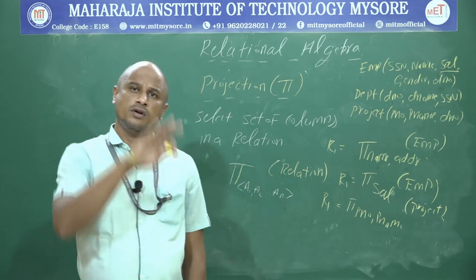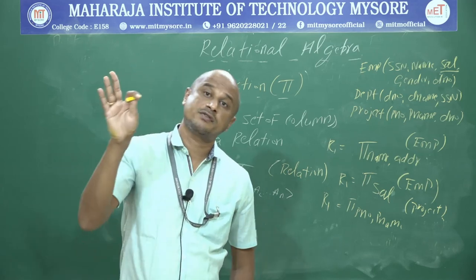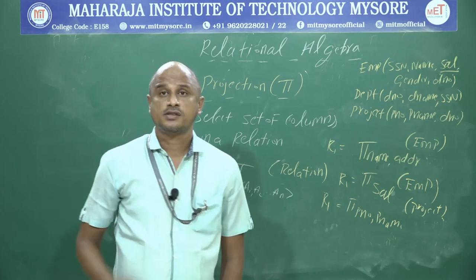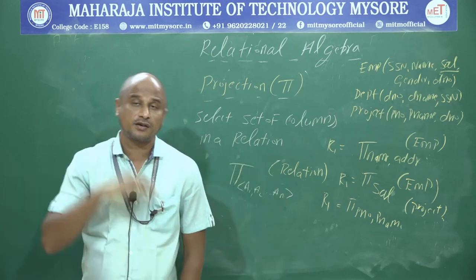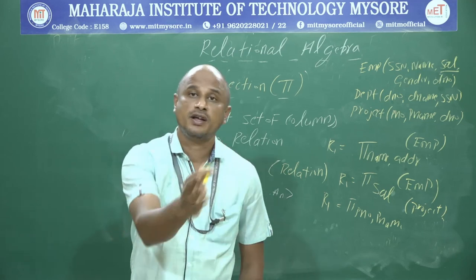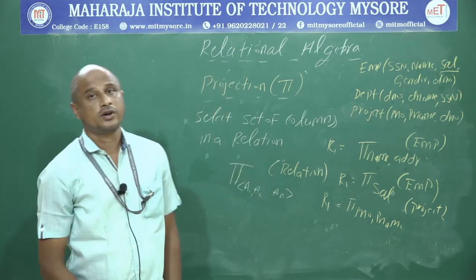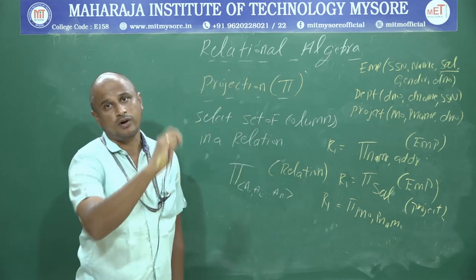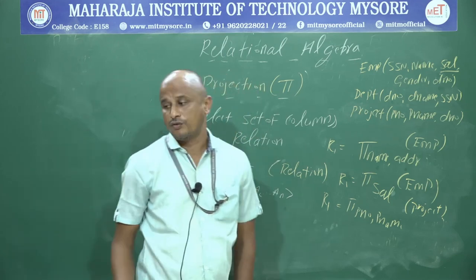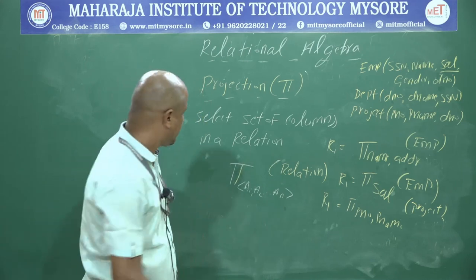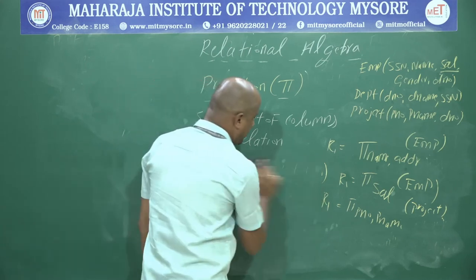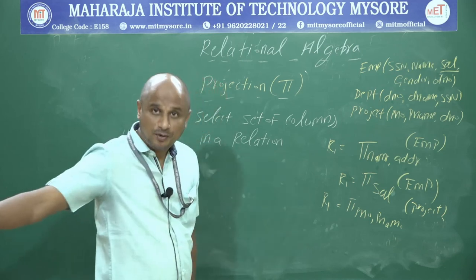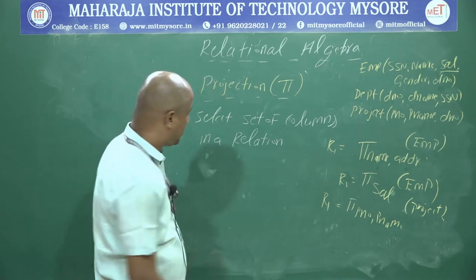Now I will make a little bit of a combination of selection and projection. So I combine the selection and projection condition, retrieving columns from a given relation. Retrieve the names of all the employees who work for department number 2.